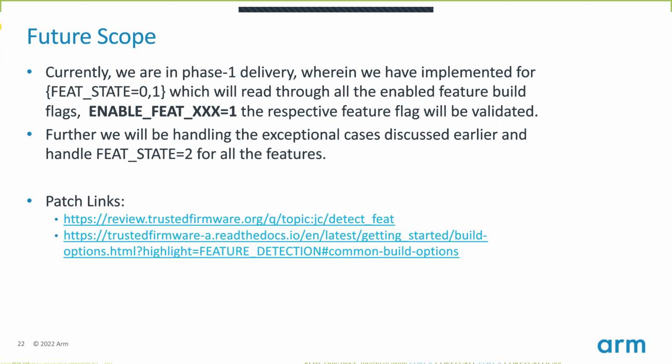So I guess there are multiple options here. One option is, from the firmware point of view, enable it and make it dynamic. So every time a core comes into BL31, it detects whether the feature is present or not, and then does the appropriate thing.